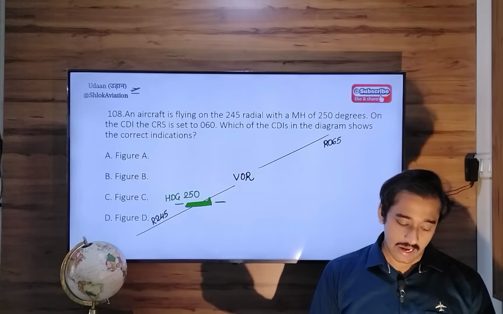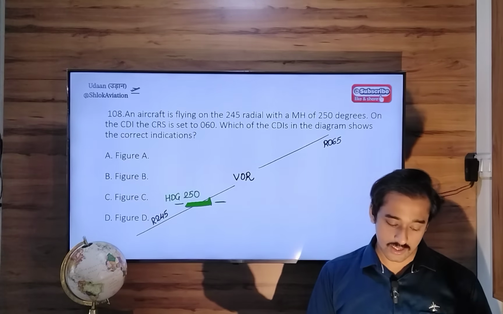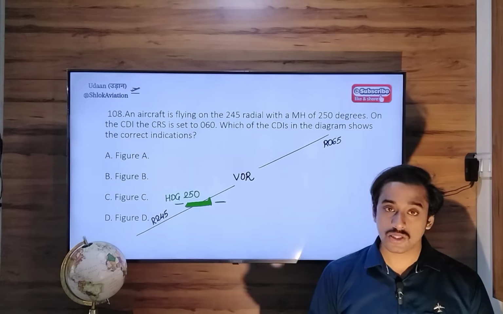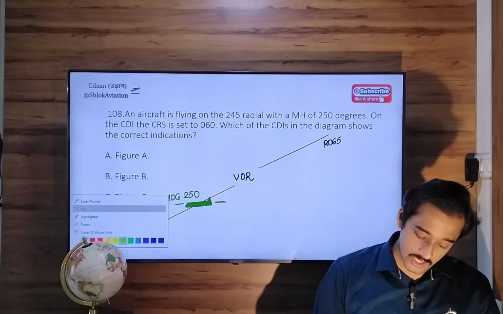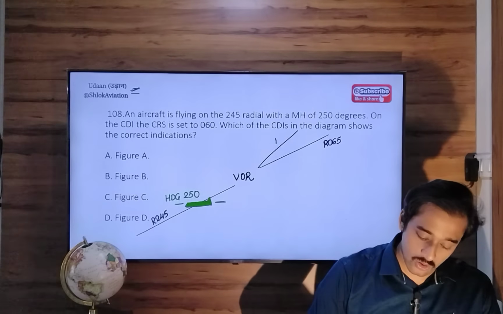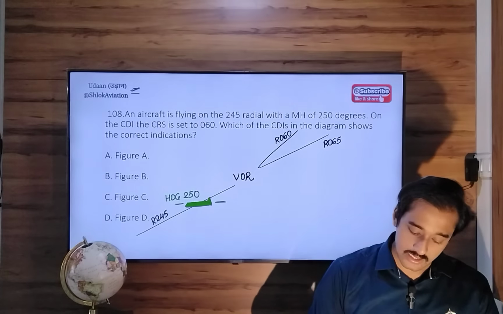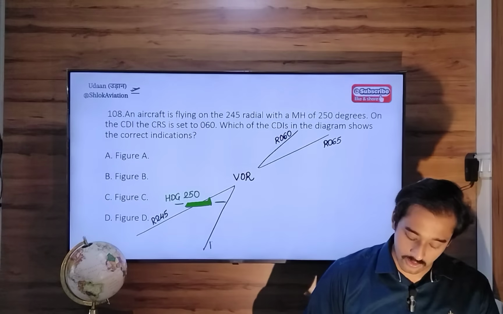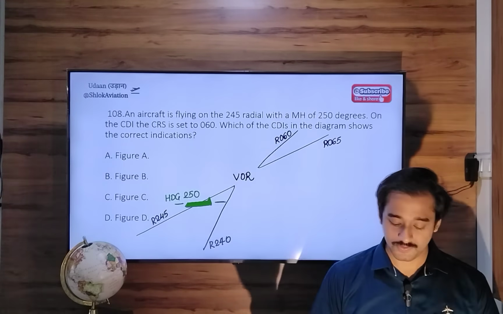Okay, and you have set the course to 060. So that means in your OBS selector you have selected a course of 060, and 060 is the reciprocal of 240.